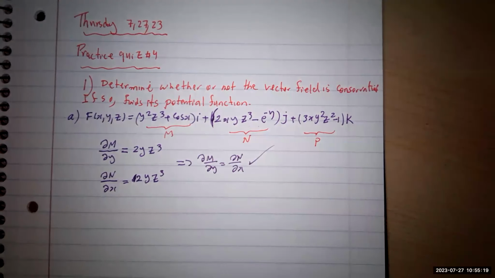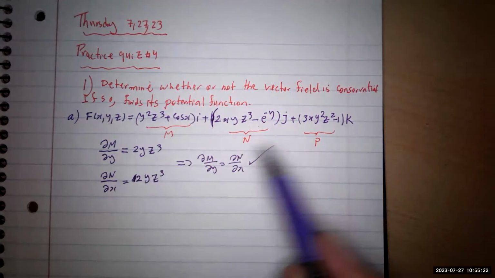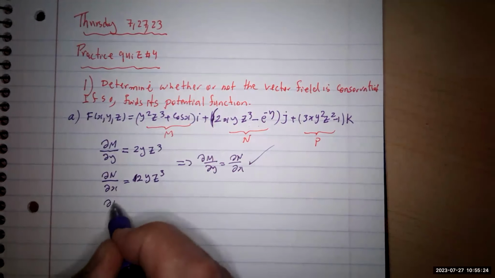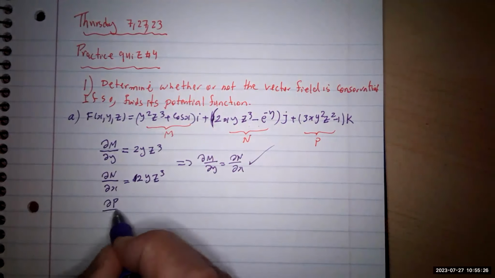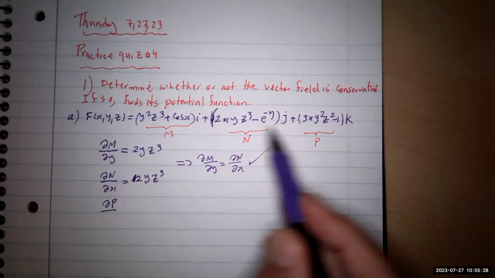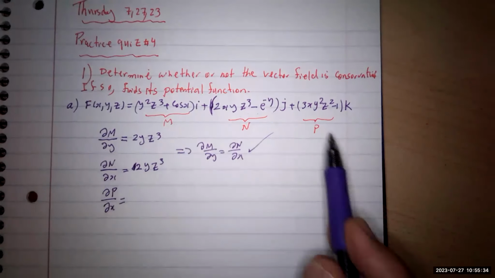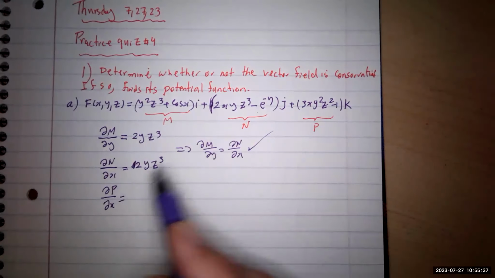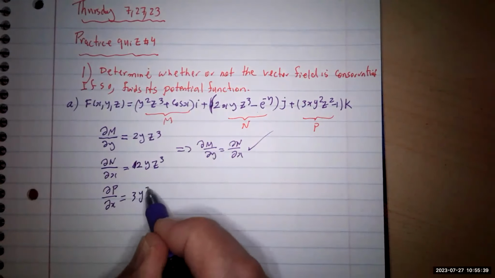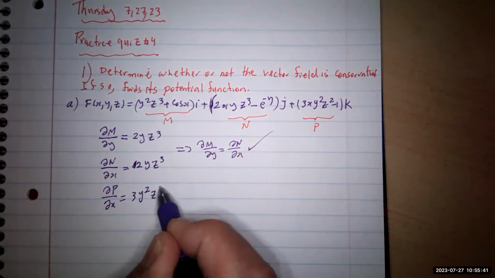Then I'm going to compare the M with the P. So I find the partial of the P with respect to the x, that gives you 3y squared z squared.